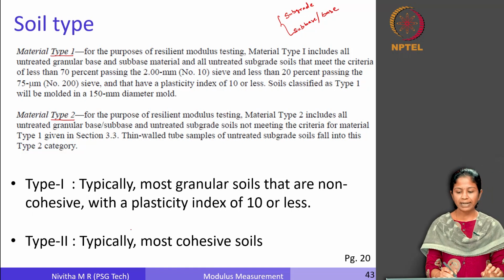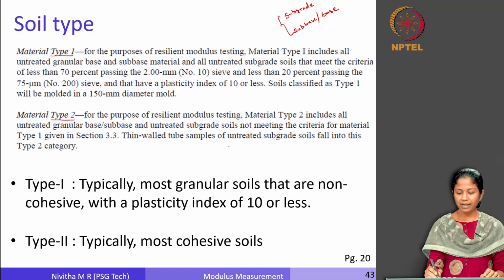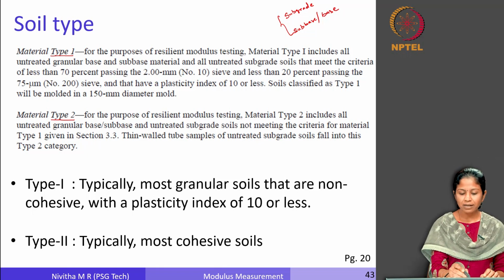What is this type 1 material? These are the exact lines as given in AASHTO T307. Let me read it. For the purpose of resilient modulus testing, material type 1 includes all untreated granular base and subbase material, all untreated, you should remember this.